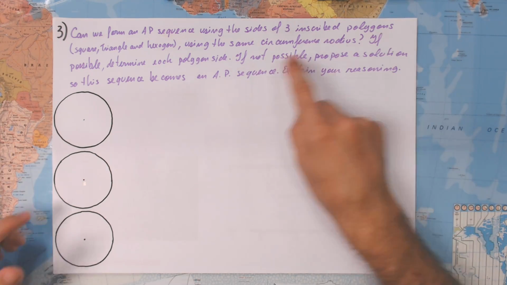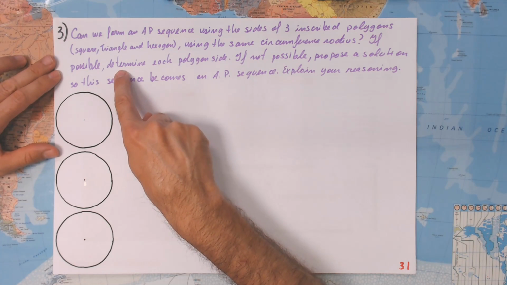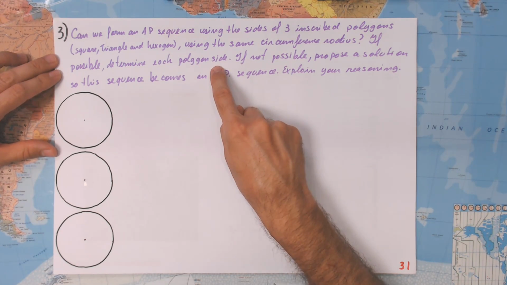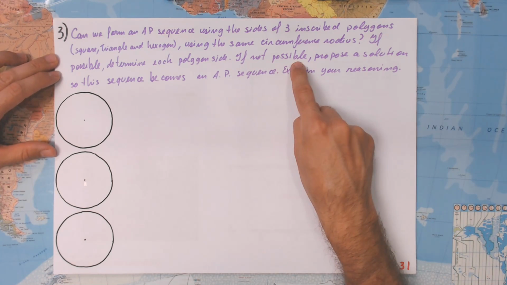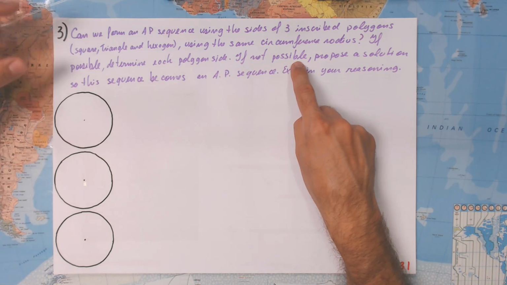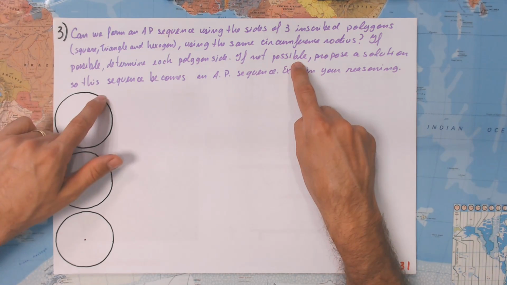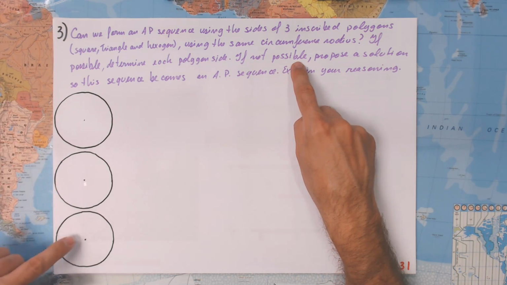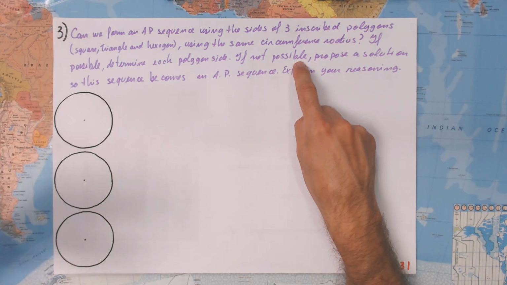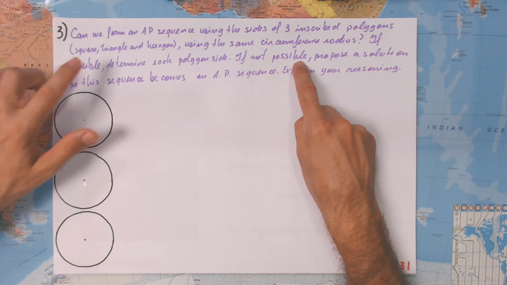If it does happen, I want you to tell me what is going to be each polygon side. And if it's not possible, if you say, okay, it's impossible to form an AP sequence building a polygon inside each circumference having the same radius, they are never going to form an AP sequence.